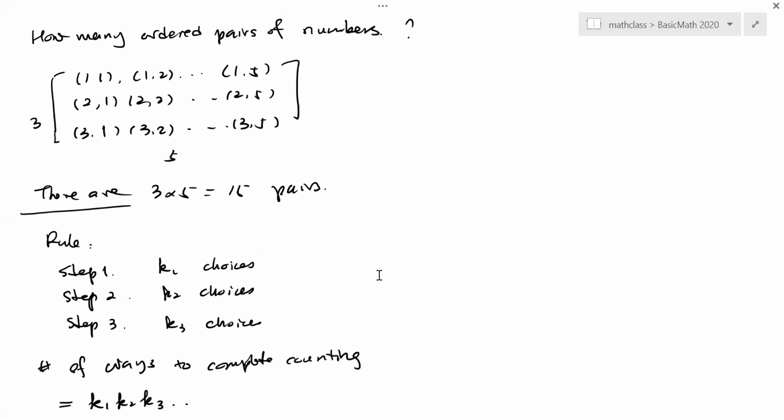Step 1, I count the pairs of numbers where the first component is just one. Then you can see it's 5 choices. That's independent.